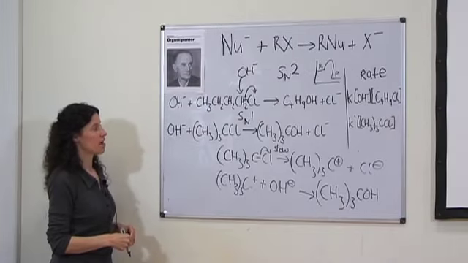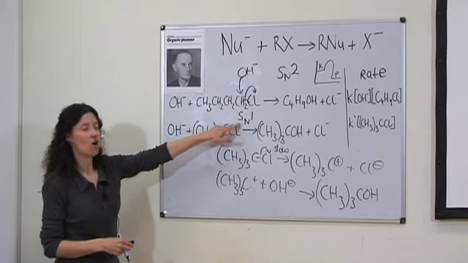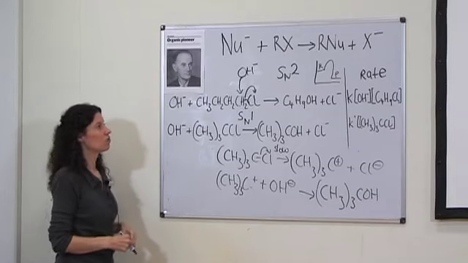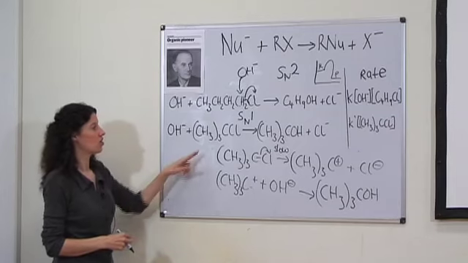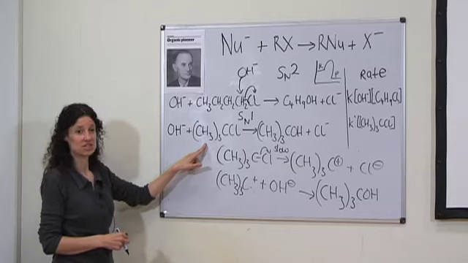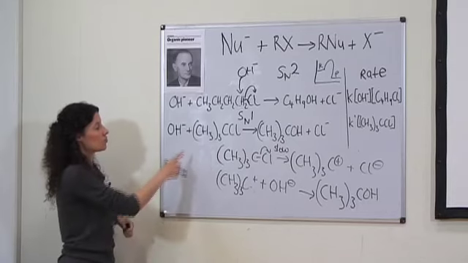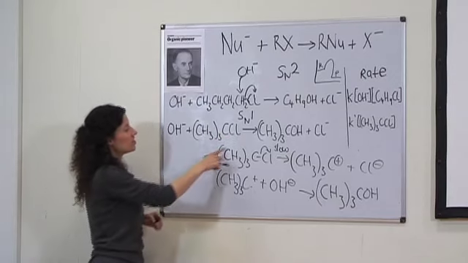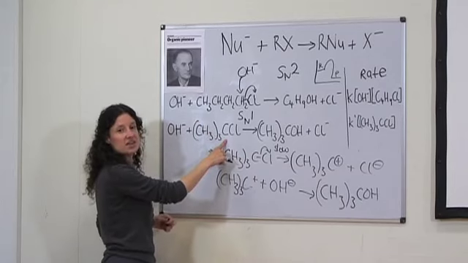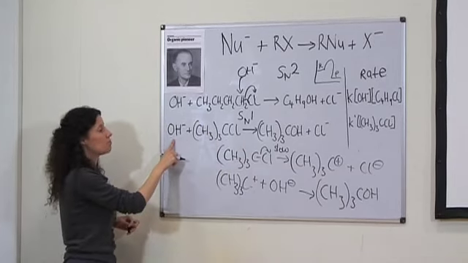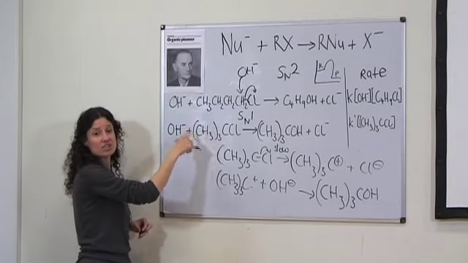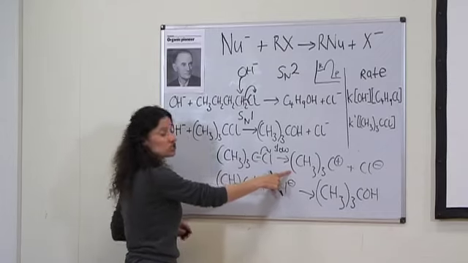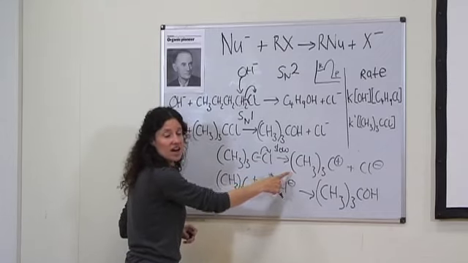So what determines then whether you go via the SN1 channel or an SN2 channel, and indeed both might be present at the same time? Well, really it depends on the structure of the species. Obviously, when we have tertiary butyl chloride, this species is inhibited from attack by OH because of these bulky side groups. Additionally, the cation is actually stabilised by these alkyl side groups.